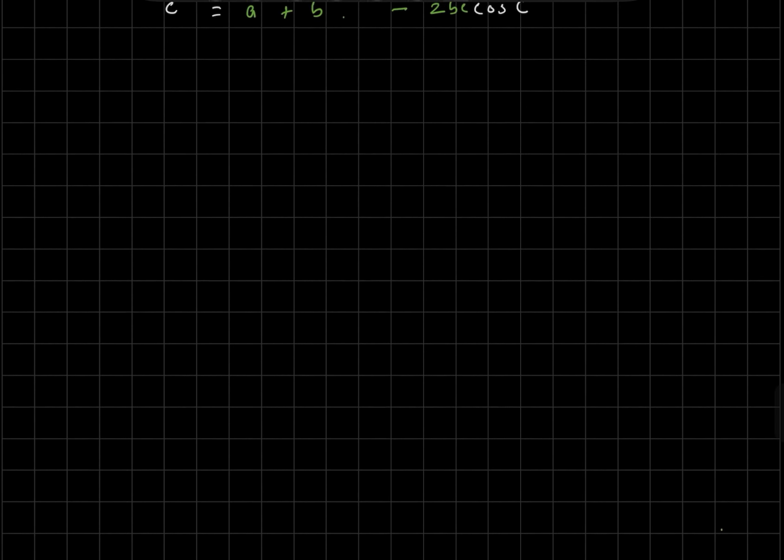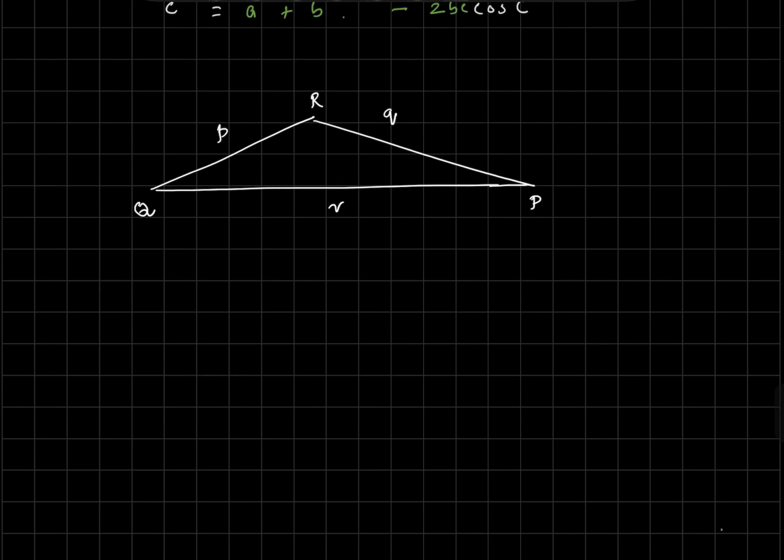Let's put this out in another form. Let's take another triangle over here. I've got this to be P, Q, and R, and the sides opposite to them are p, q, and r. So we wish to find the length Q. What would that be?